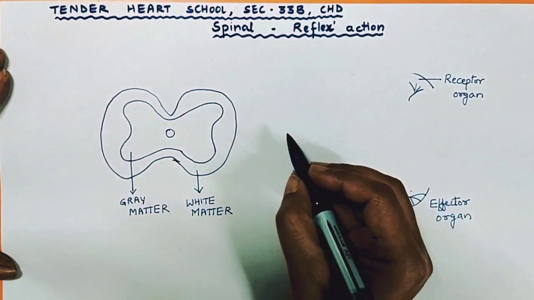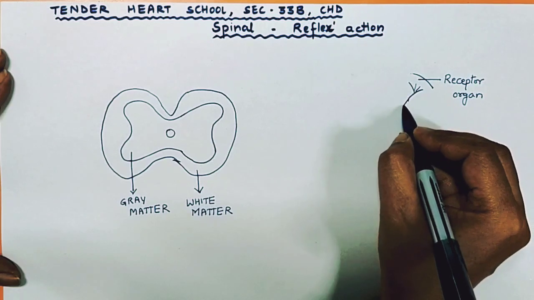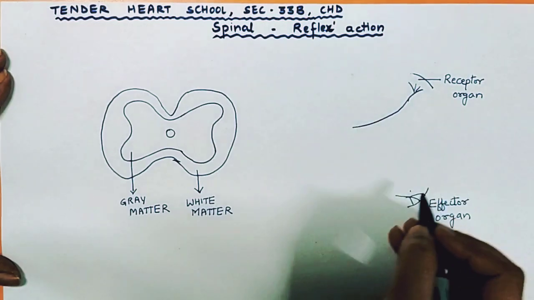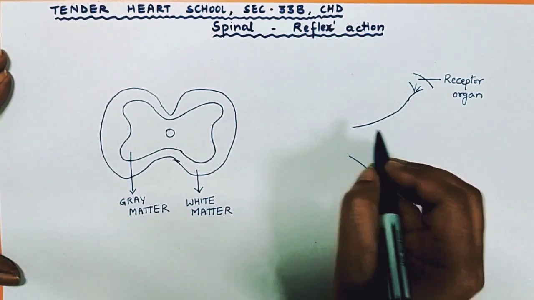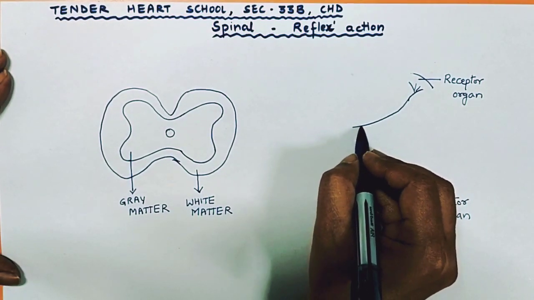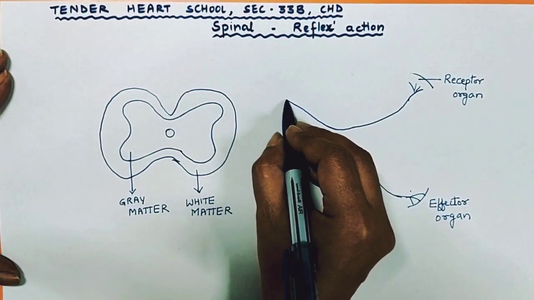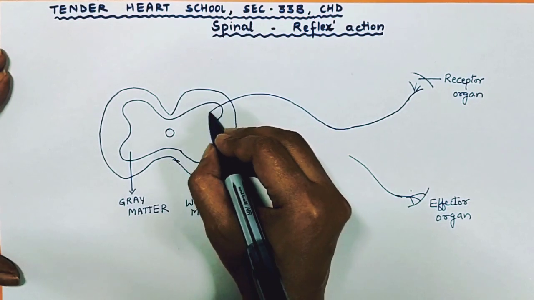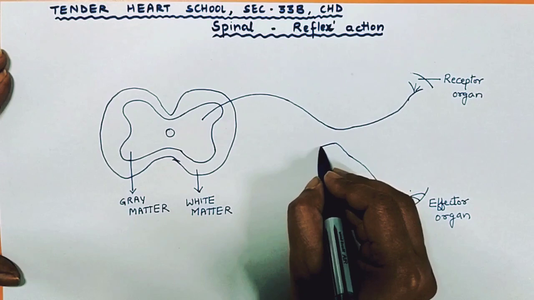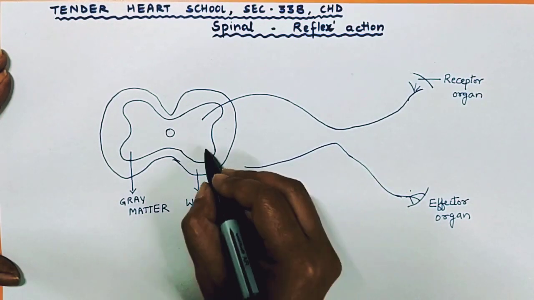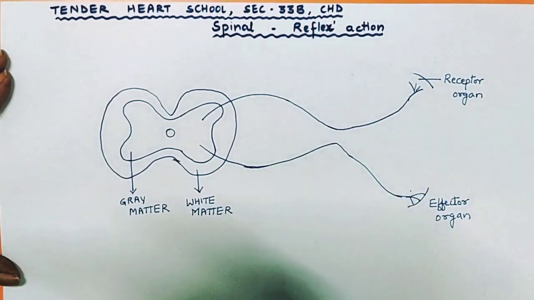Now spinal nerve is a mixed nerve which is having both kinds of neurons, sensory neurons also and the motor neurons also. The sensory neuron is present towards the dorsal side, that is in the dorsal root, and the motor neuron is present towards the ventral side, that is in the ventral root of the spinal nerve.